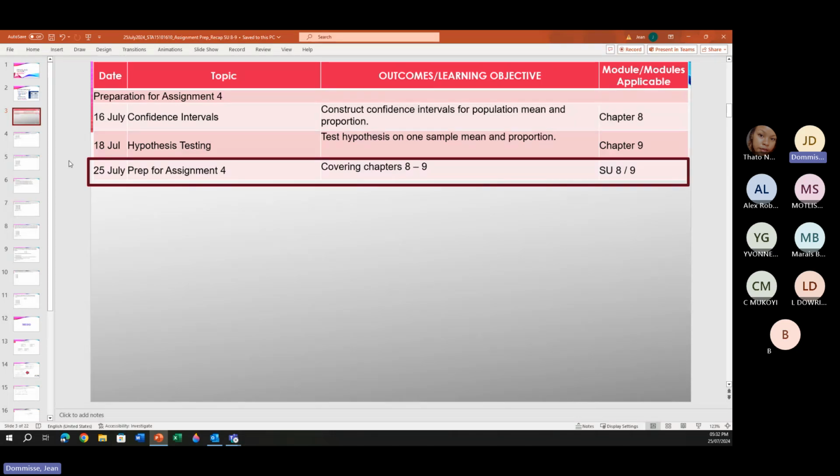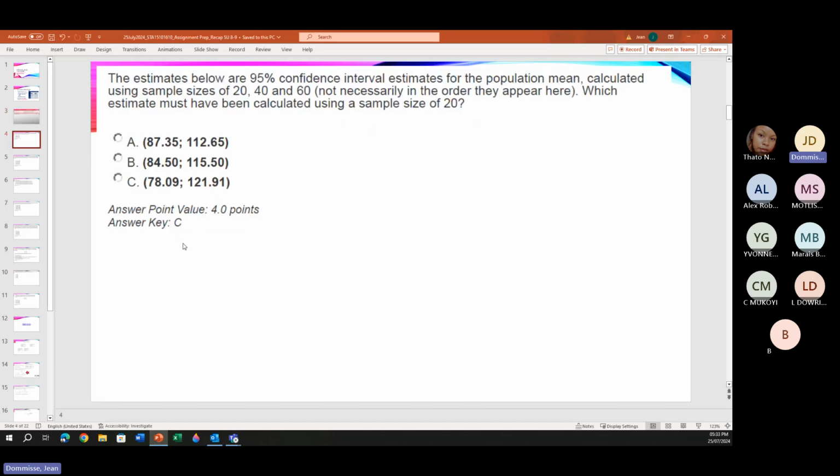Next week Thursday we will again cover study units 8 and 9, so that we get the most prep in for your assignment. There's also going to be a session on Sunday afternoon, so I will share that link with you guys on the chat as well. Okay, so let's look at the first question and work through the questions.